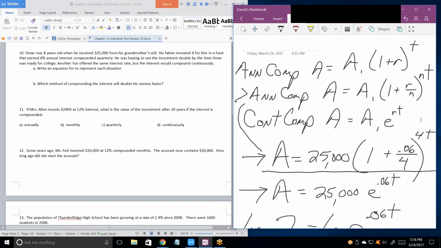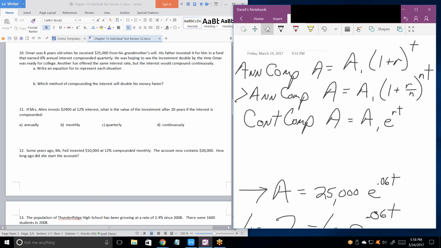But question 11 does deal with the first. So let me leave those there for the moment and erase. Hold on. You don't want to get rid of those because we're going to need them. But I don't need all this stuff.